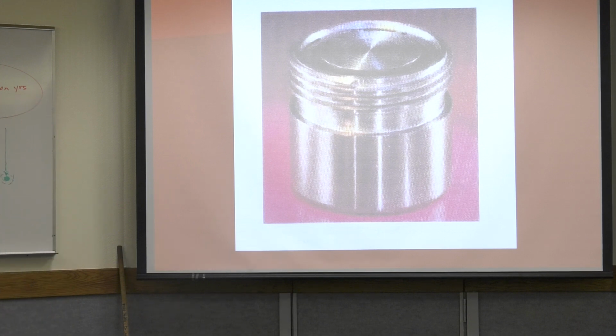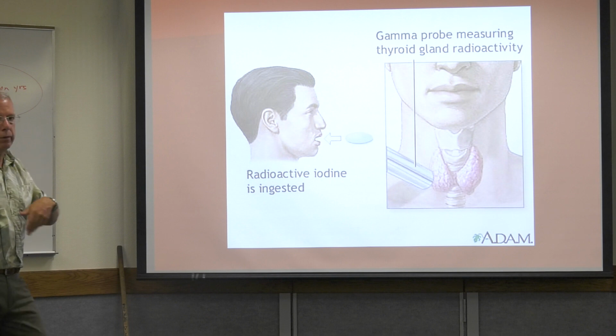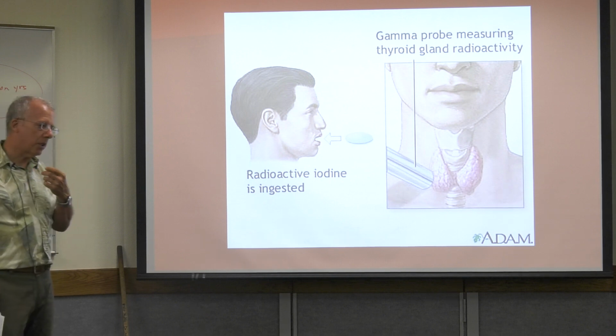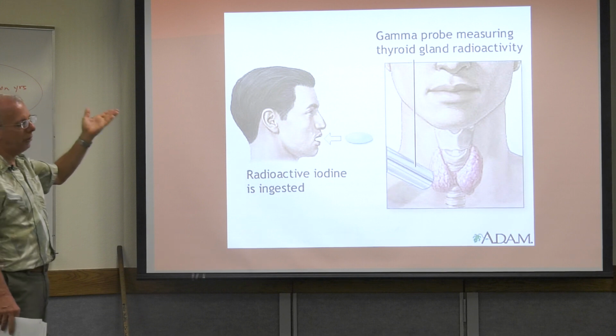Now let's talk about contamination, when you're actually touching the radioactive material or if the radioactive material is inside your body. Okay, so here's a great example. Let's say you have thyroid cancer. One way, what they usually do is they remove the thyroid, and then just to make sure they get all the cancer, they give you iodine 131 therapy.